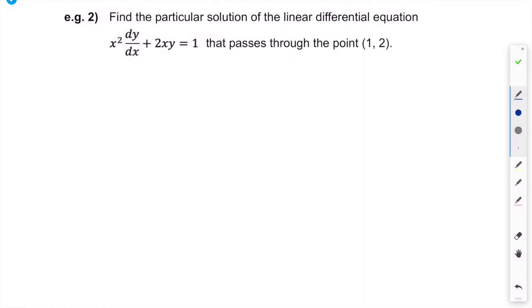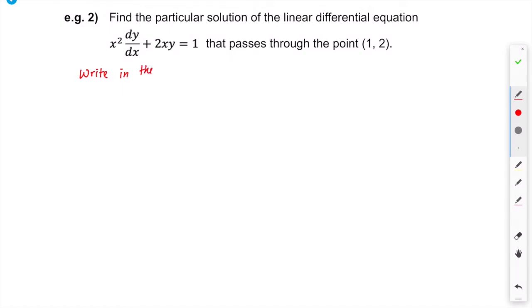But we have a problem here because the given equation does not begin with dy by dx in the first term. I have an extra x squared. So remember, in order to apply the integrating factor, we must keep our differential equation in the form of a linear differential equation. So first, let me put down some notes here.